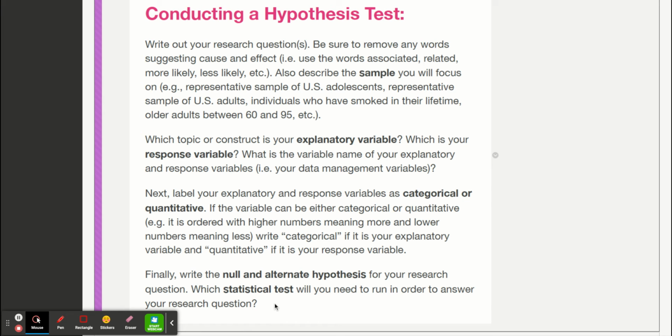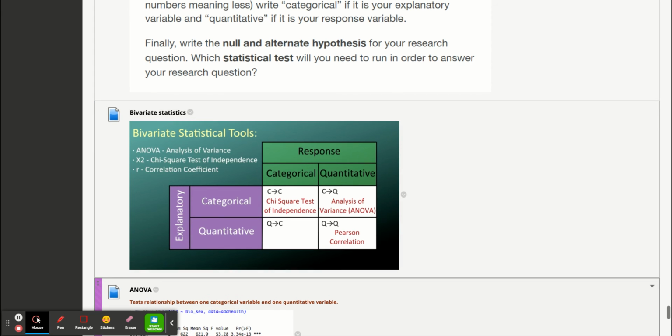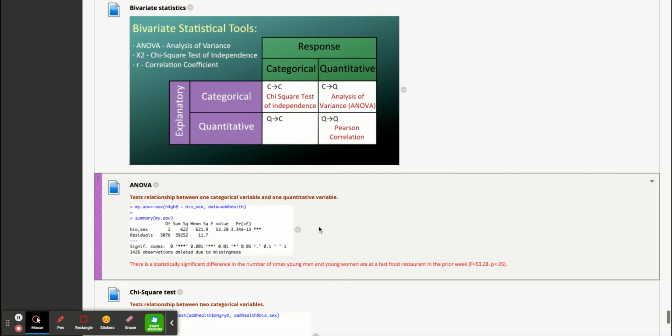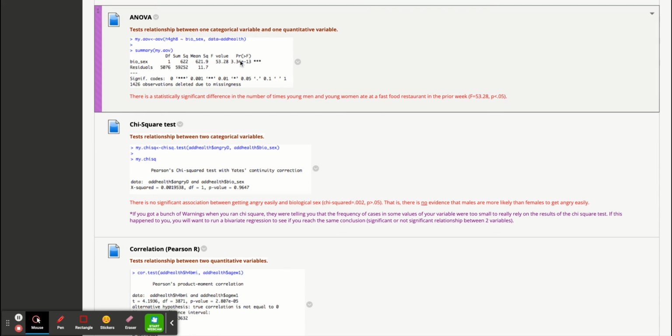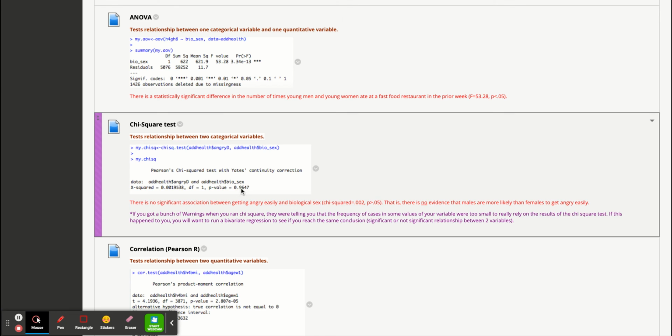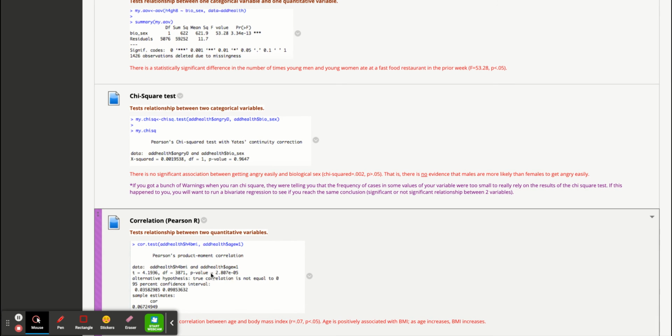Which statistical test you will need in order to answer your research questions depends on how your variables were measured, right? And we ran those tests. So once you have the test, you're focusing on the p-value that is associated with the test statistic that you receive.